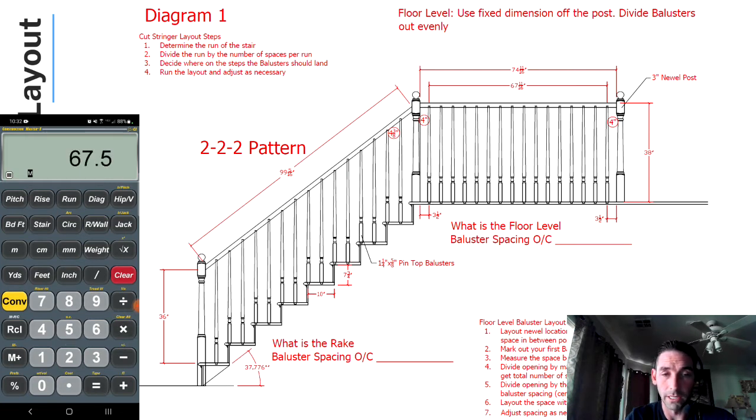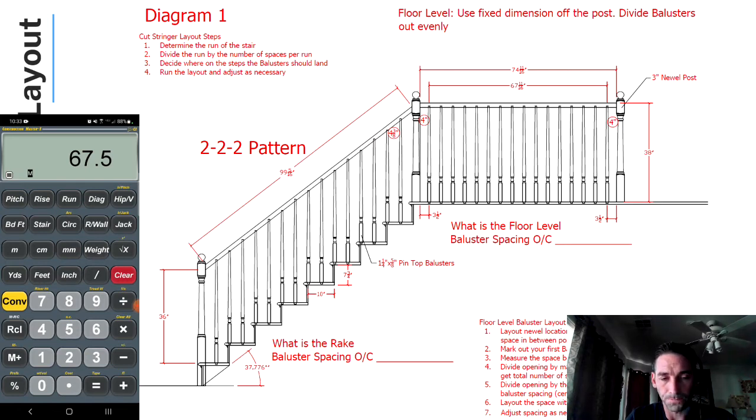So let's try that. There were 15 spaces, so 15 times 4.5 gives me 67.5. You can see that 15 spaces at 4.5 is not 67 and 11/16. It's 67 and a half.